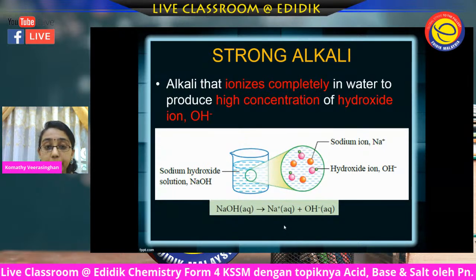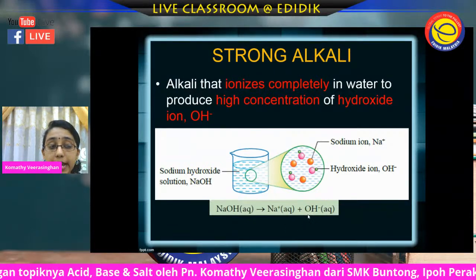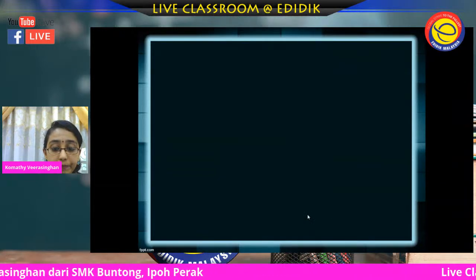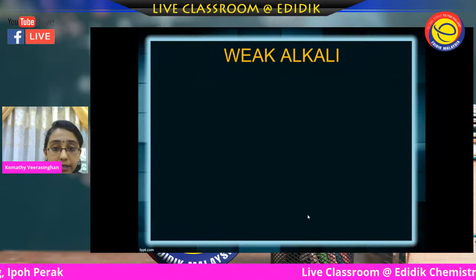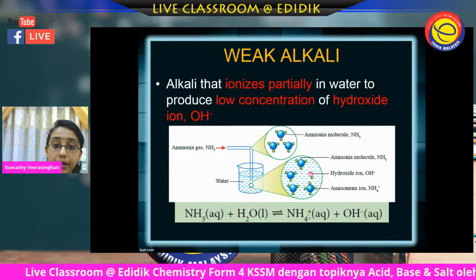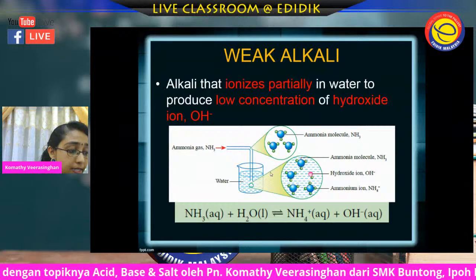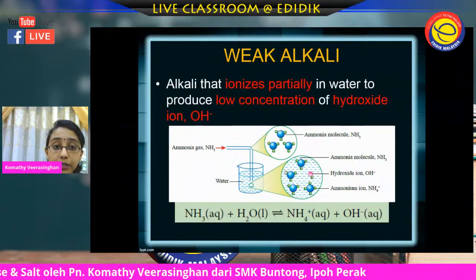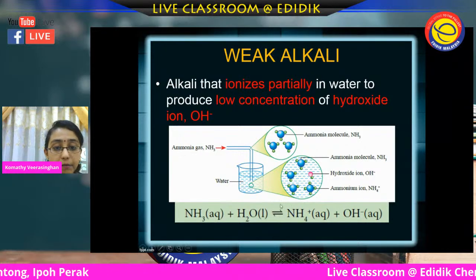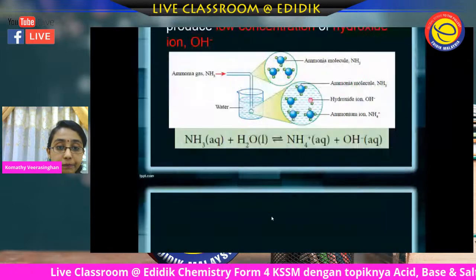If it's acid, it will produce high concentration of hydrogen ion. If it's alkali, then it will produce hydroxide ions. For weak alkali, same thing, ionizes partially, concentration will be low. What ion is that? Hydroxide ions. So weak alkali is the substance that ionizes partially in water and produces low concentration of hydroxide ions. And we have to use two-way arrows because it's reversible.